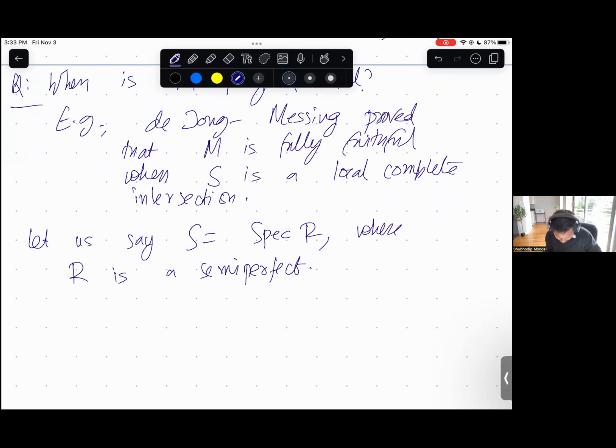So say that S is Spec R, where R is a semi-perfect ring, and here by semi-perfect we mean that the Frobenius map on R is surjective.